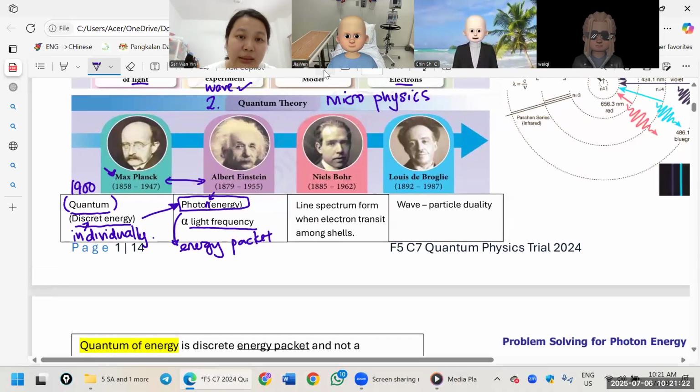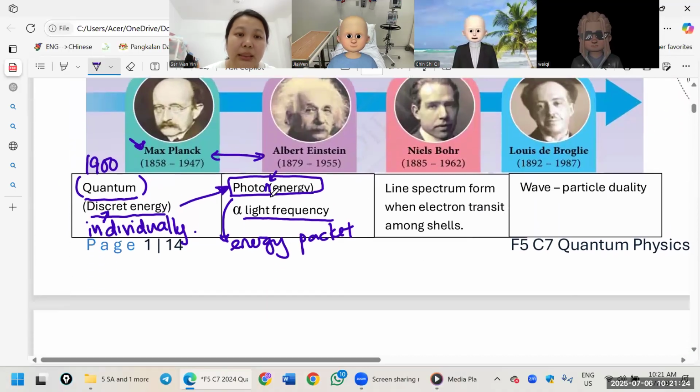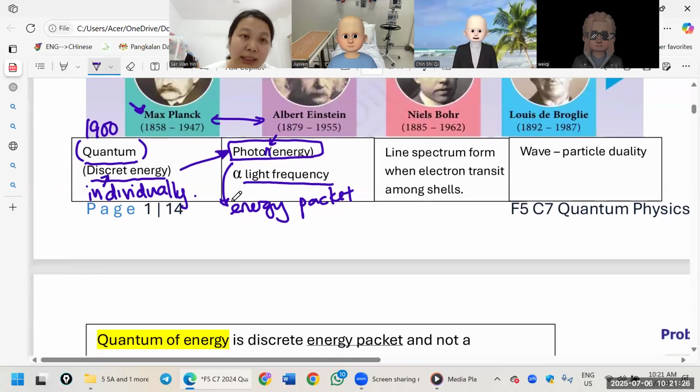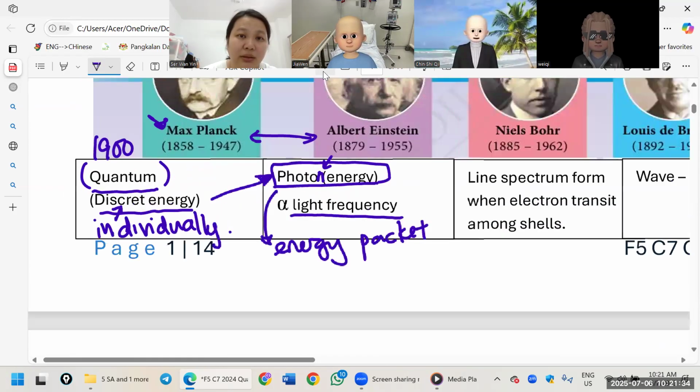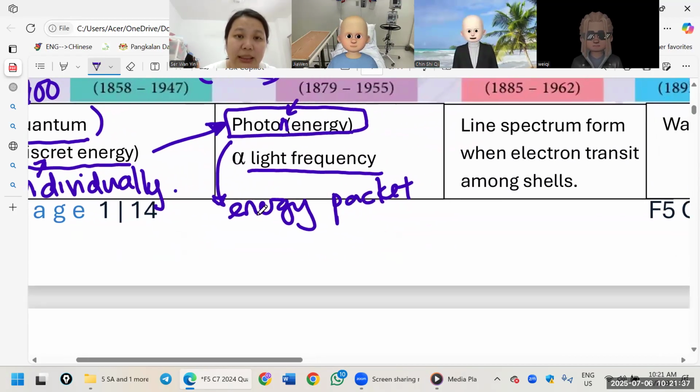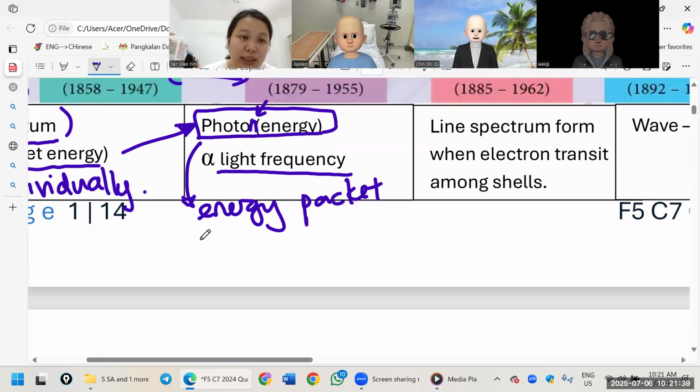And from here, we need to recall the rainbow colors. For Chinese, normally we study this in primary school already. 红橙黄绿蓝靛紫. Okay.